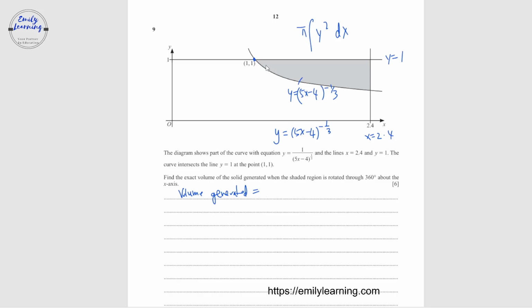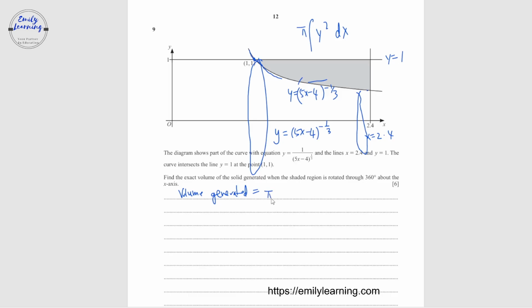So we know that this volume generated is basically the volume generated when this horizontal line, y equals 1, is rotated about the x-axis through 360 degrees, minus the volume generated by this curve when it is rotated 360 degrees about the x-axis.